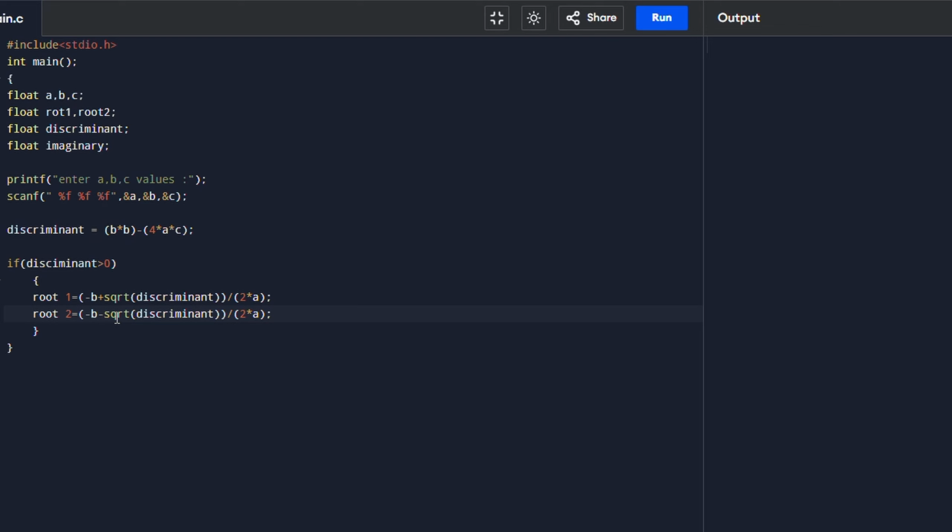Now we will print the result for this condition. So printf, "Two distinct real roots are", comma, root 1 comma root 2.